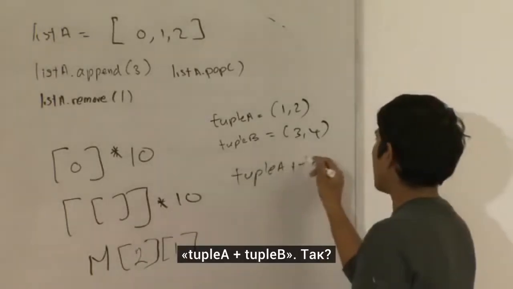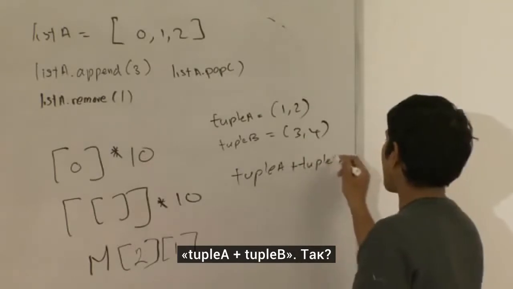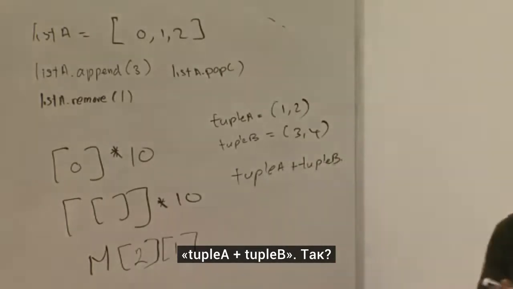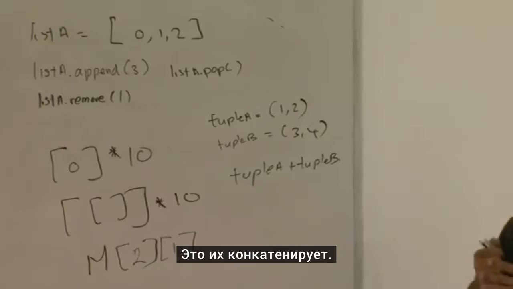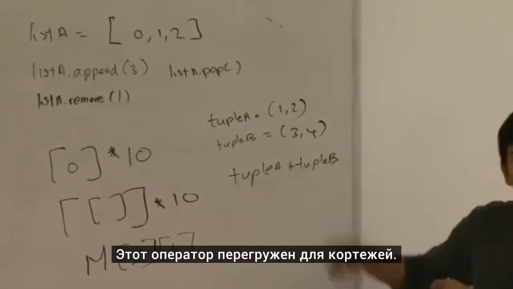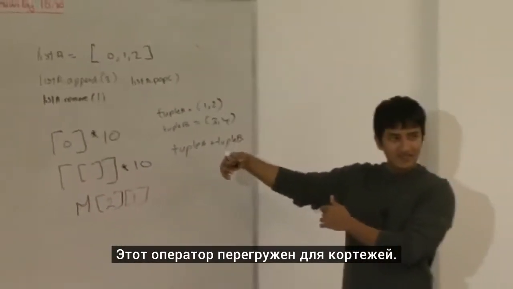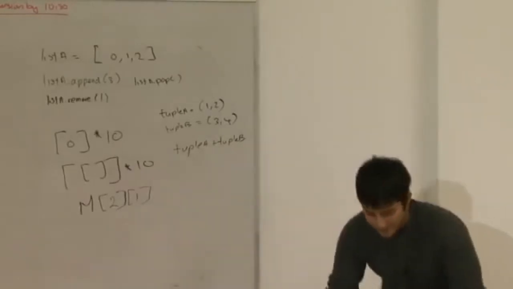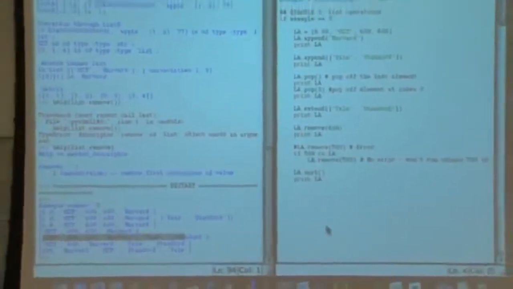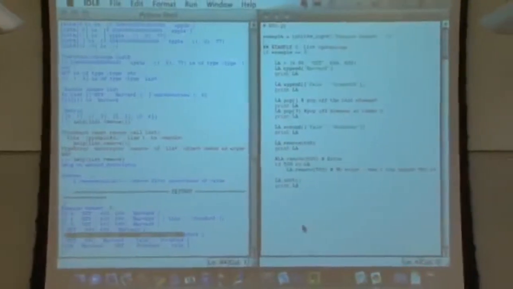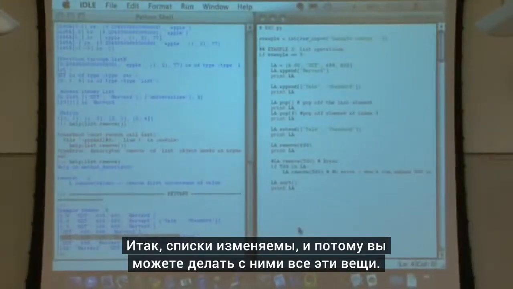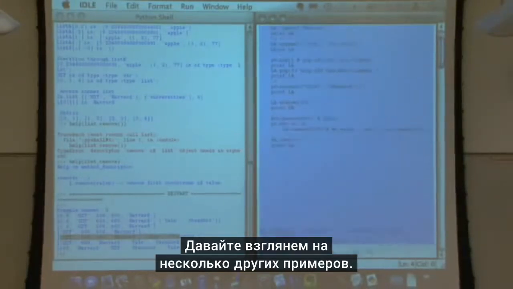Tuple A plus tuple B. Okay, that concatenates. This operator is overloaded for tuples. So lists are mutable, so you can do all of these things. Let's look at a few other examples too.